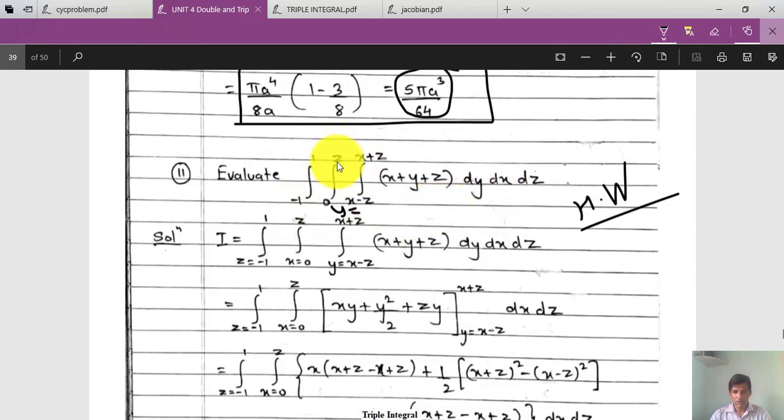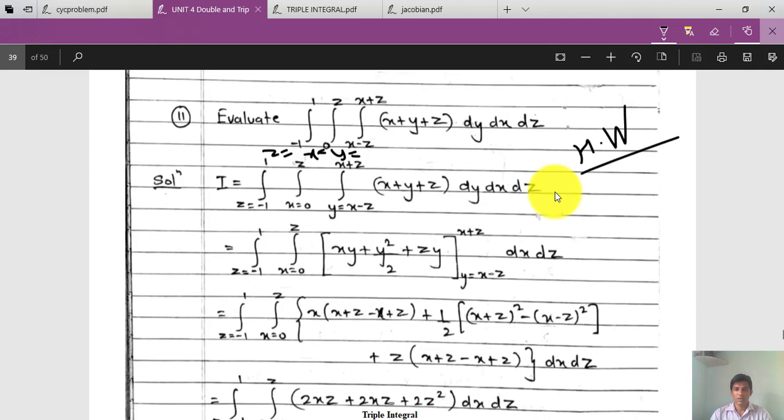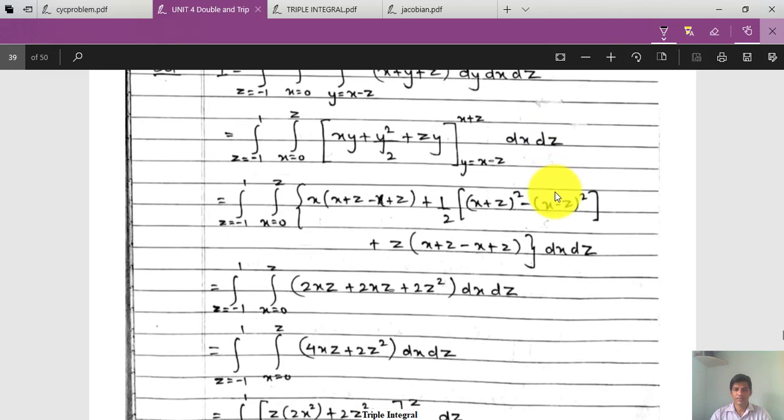So y is equal to z, so z is here, so obviously this is x is equal to, and this is z is equal to. And finally evaluate it, you should follow the pattern, so it is dy, dx and dz, right? So just see this.